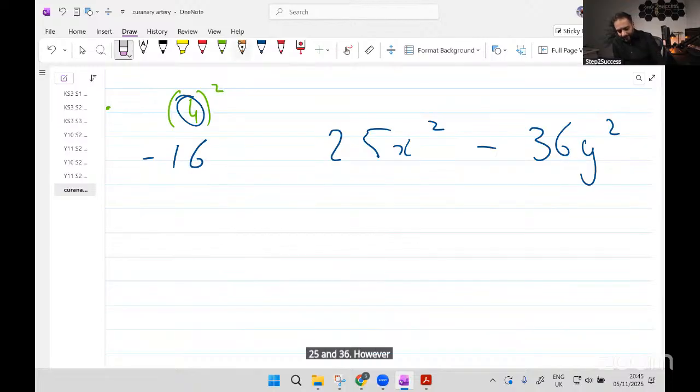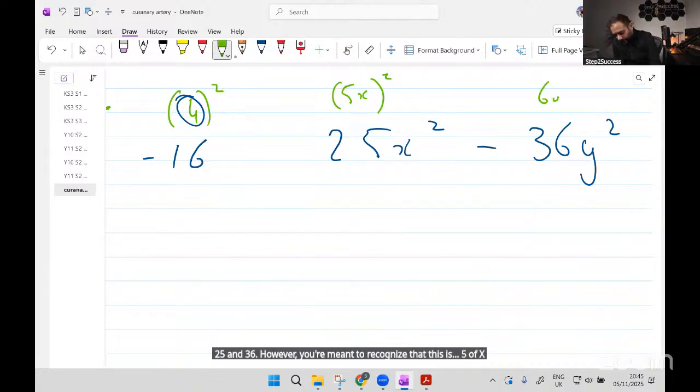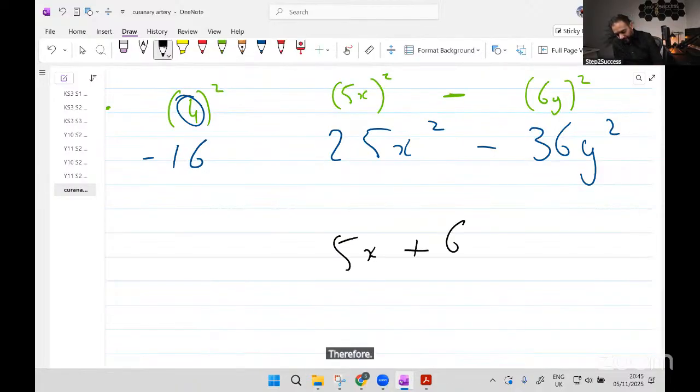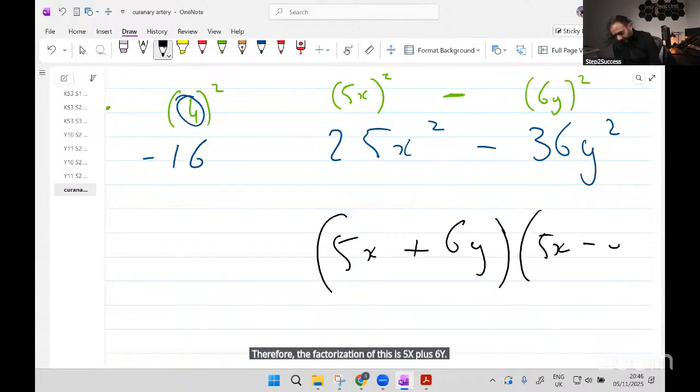recognize that this is 5x squared, 25x squared. And this is 6y squared, 36y squared. And there's a minus in the middle. Therefore, the factorization of this is 5x plus 6y, 5x minus 6y.